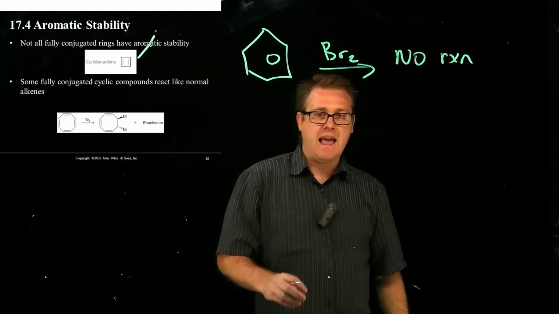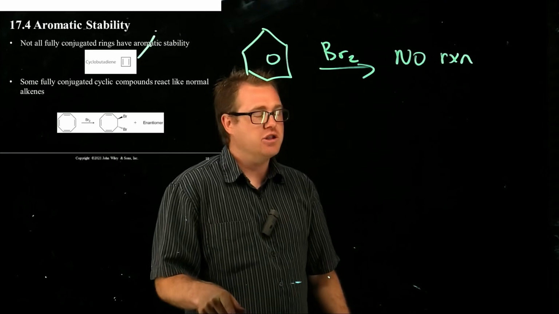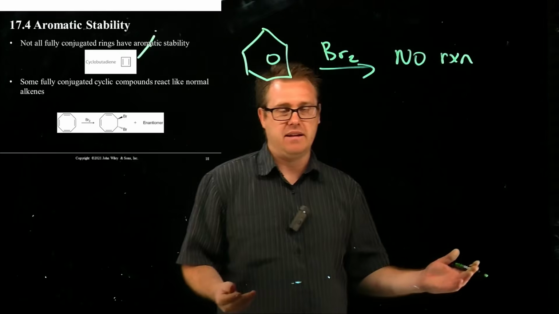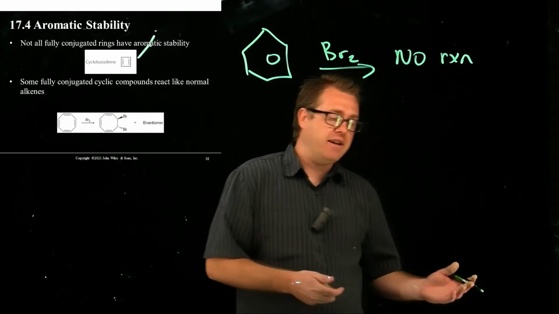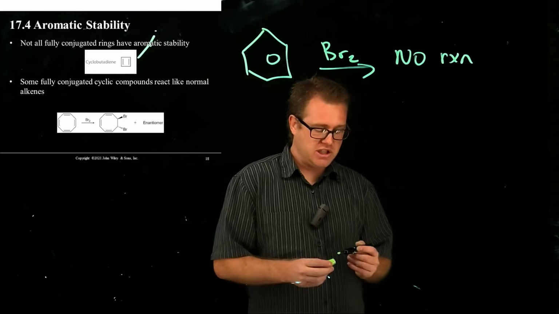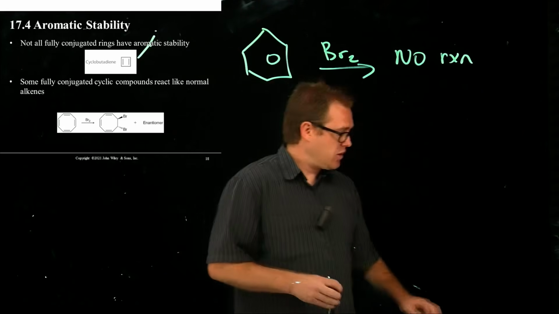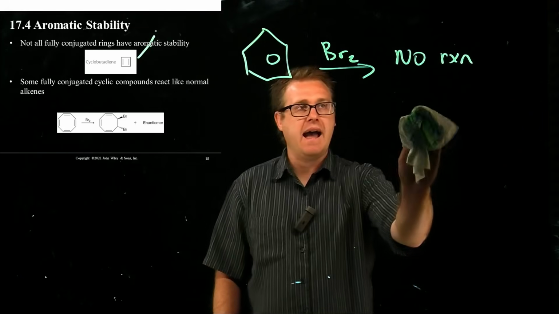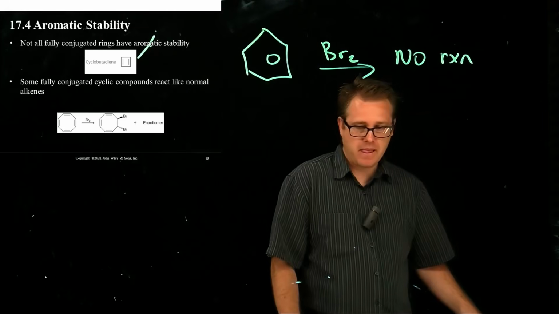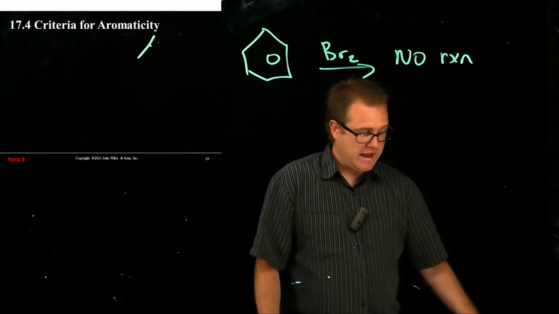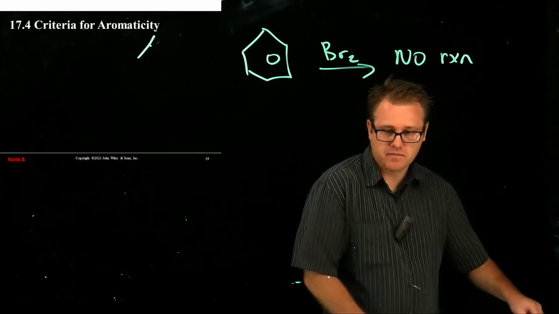But when you do it with that 8 carbon species shown in the PowerPoint slide, it does react. So that evidence suggests that maybe that molecule is not aromatic. So how can we figure it out? That's what we're going to do in this slide right here.